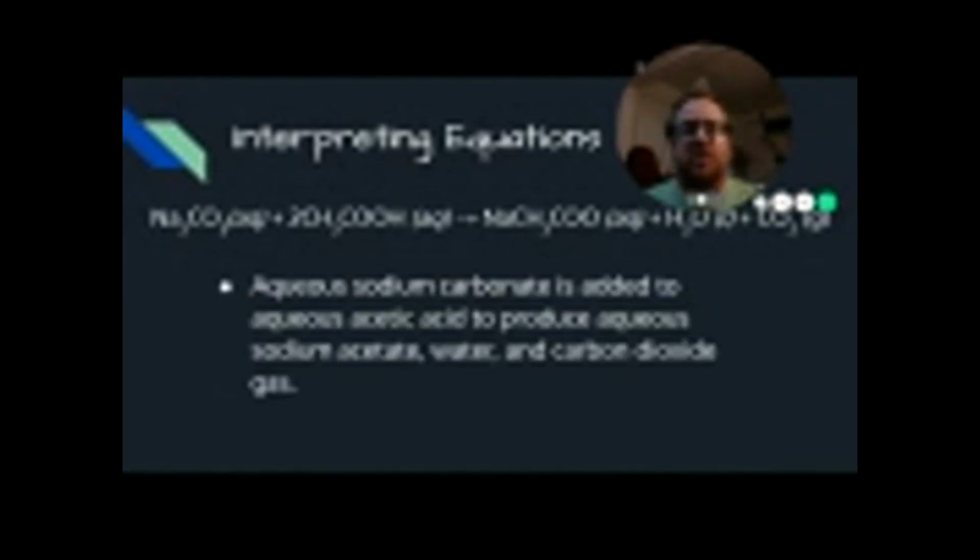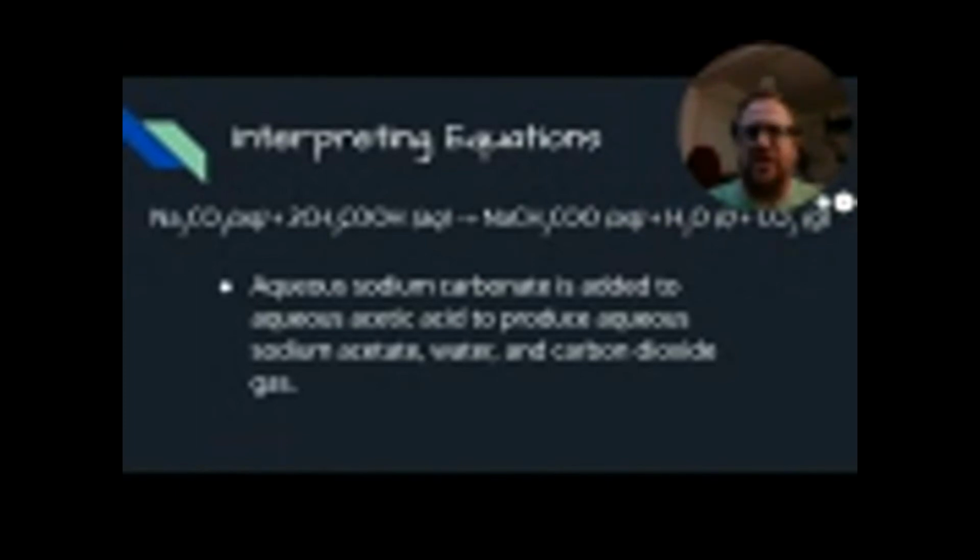Last one, last example. Here is my chemical equation. So if I was going to interpret this, I would say that aqueous sodium carbonate is added to aqueous acetic acid to produce aqueous sodium acetate, water, and carbon dioxide gas.